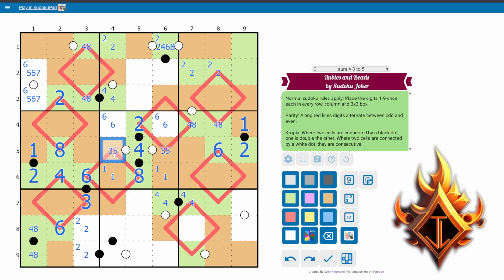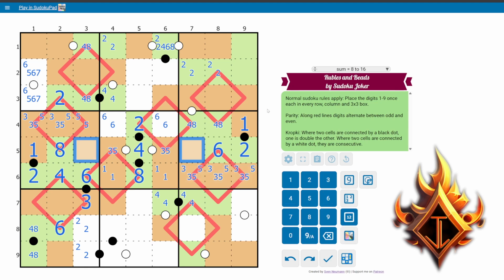Both of these, yeah, 3, 3, 5. Whoops. Are both going up there with a 7 or 9. Both going down here with a 7 or 9. These are 7 or 9.